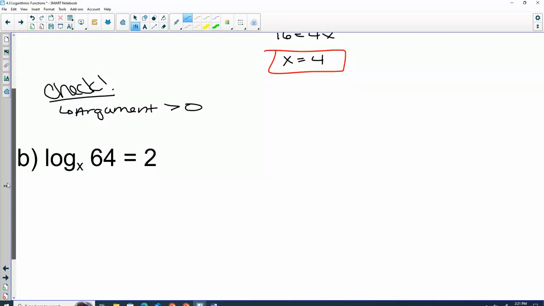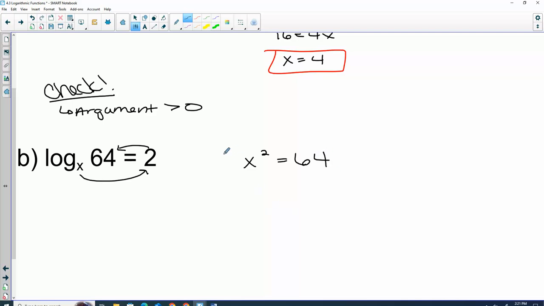Let's look at B. Log base x of 64 equals 2. So if we change it into exponential, that would be x squared equals 64.